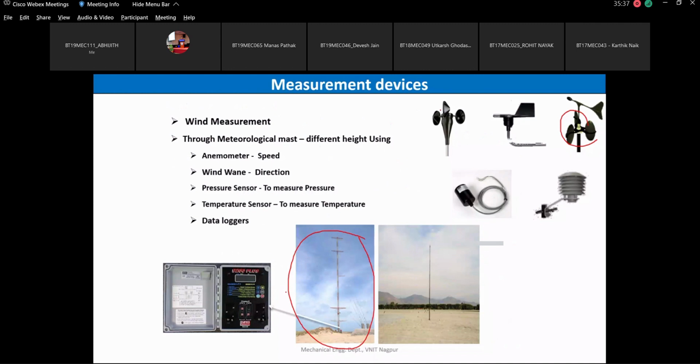So wind potentials are there in India. I must tell you, if you go through the website on wind potential in India, it gets some data from the meteorological mast and some satellite data. I'll show you the website in the upcoming slides.